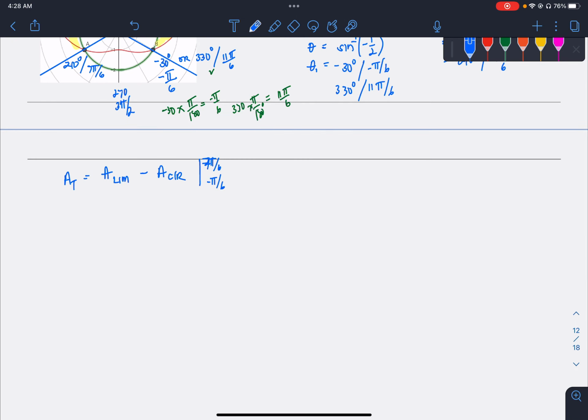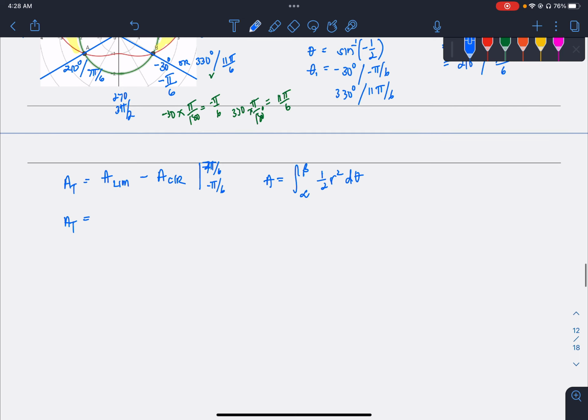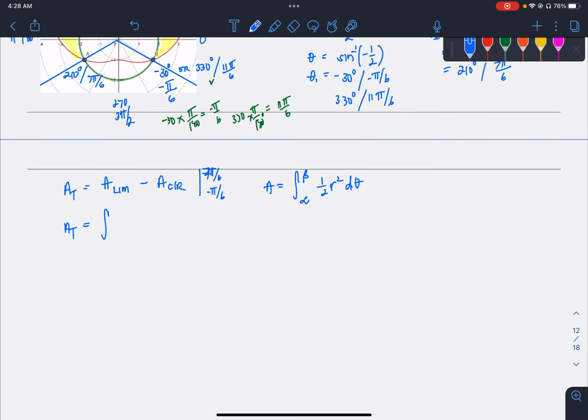So again, our formula for the area is from the lower boundary alpha to upper boundary beta, 1/2 r squared d theta. Okay, so we'll start with the area of the limacon. The area of the limacon is from negative 30 degrees, which is the same as negative pi over 6, until 7 pi over 6.